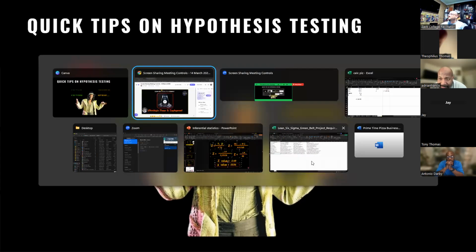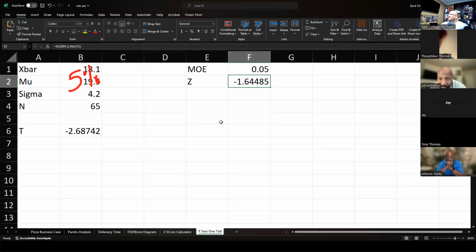Just like if I showed you guys this value right here, and I said, okay, we have 5%, which has a z-score of this, it is still a lesser quantity than this.